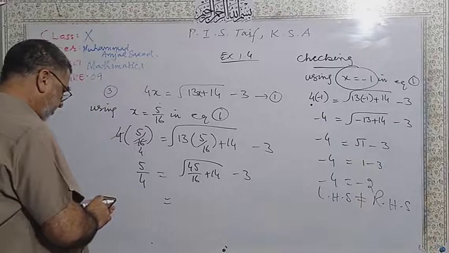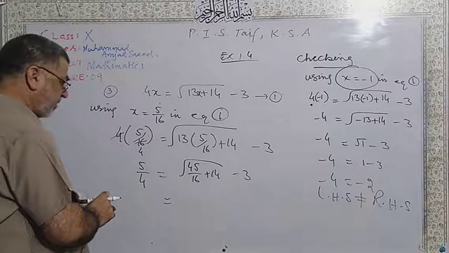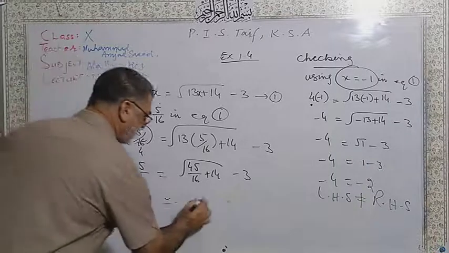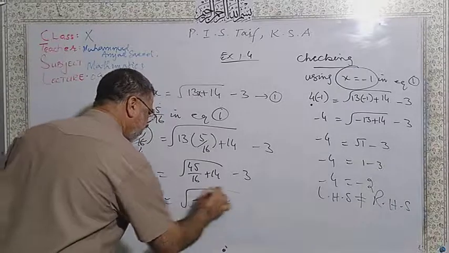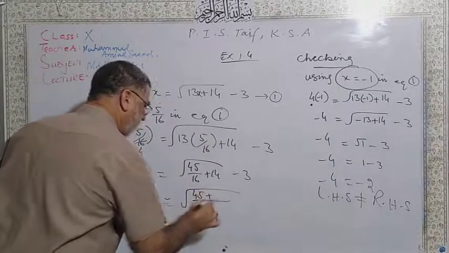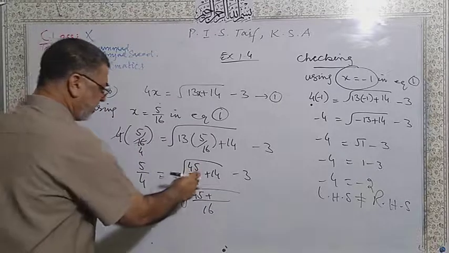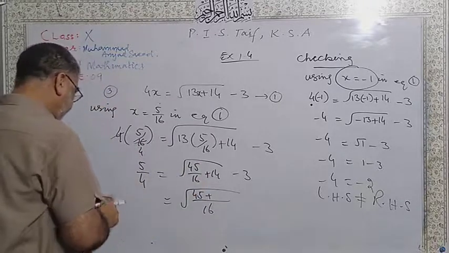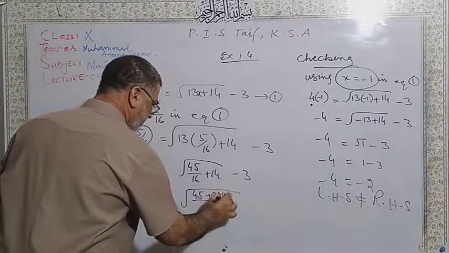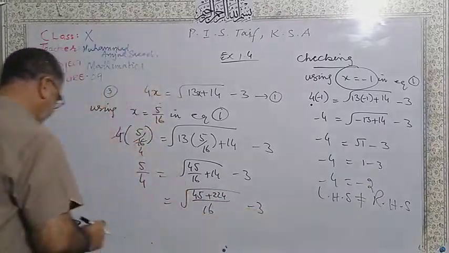We take the LCM, 16. 65 and 16 multiplied by 14, minus 3.